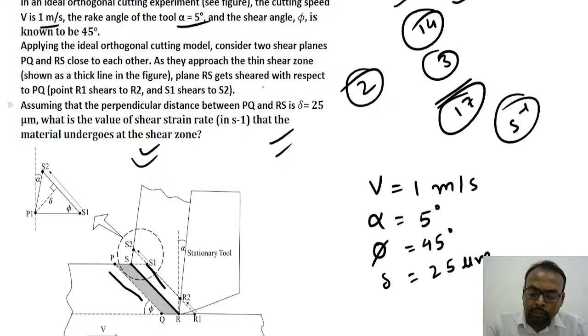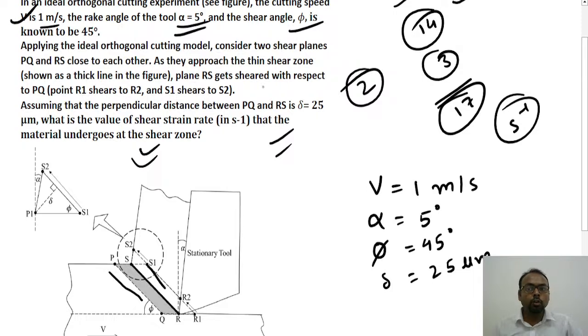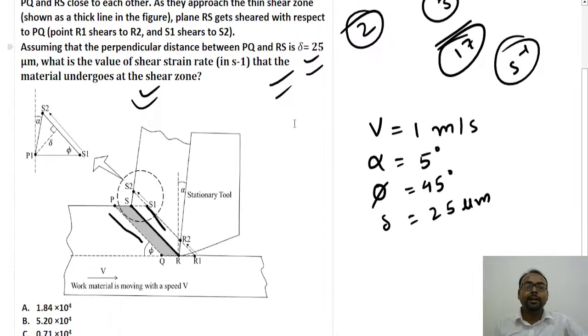So what is this question asking? This question is from ideal orthogonal cutting, in which we are given the cutting speed of 1 meter per second, the rake angle alpha, and the shear angle of 45 degrees. One more thing is given, the shear plane thickness delta, which is 25 micrometer.